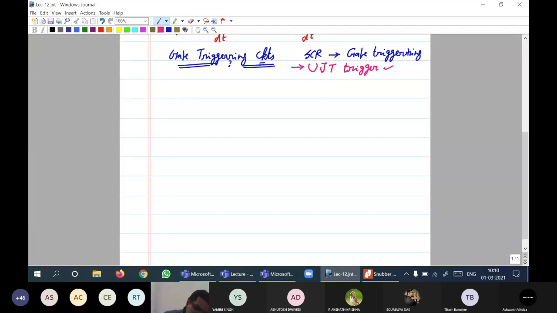Whereas if you take MOSFETs and IGBTs, there are ready-made ICs available.